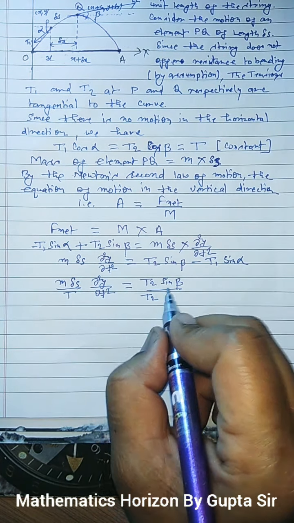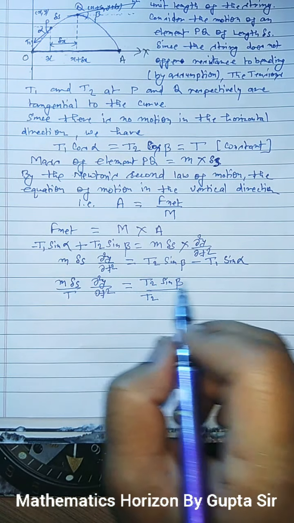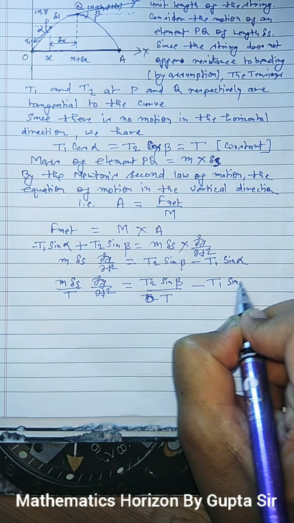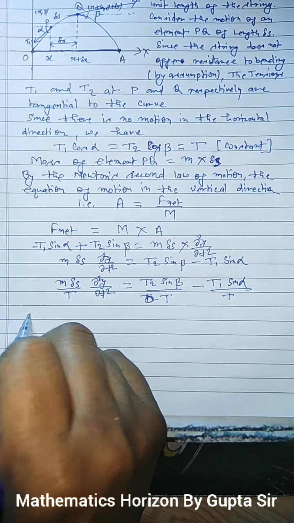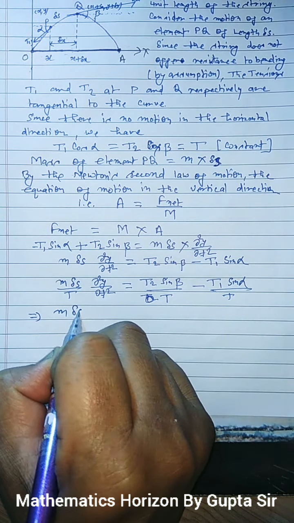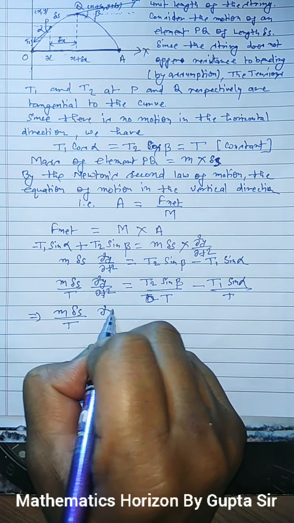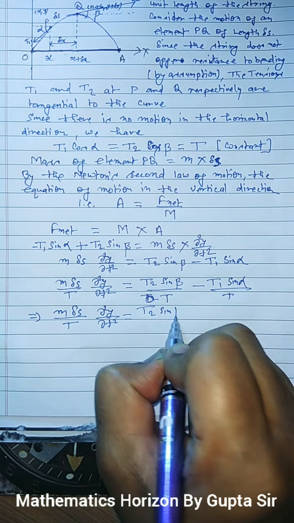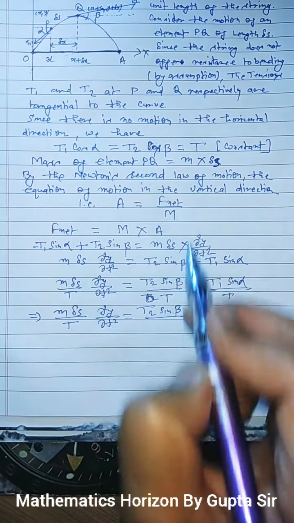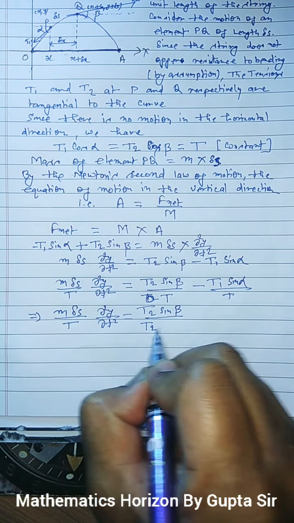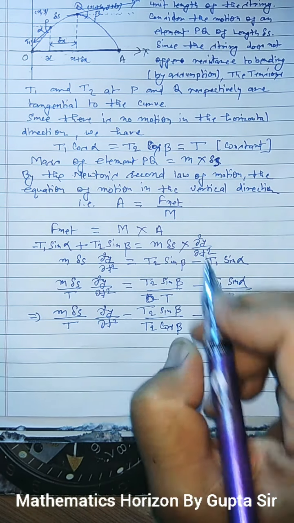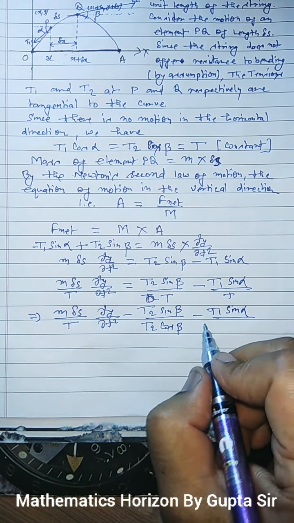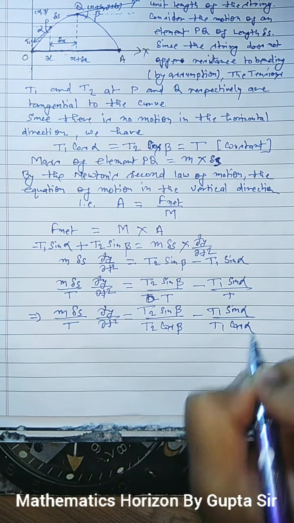So here we write the whole divided by T: T2 sin beta upon T minus T1 sin alpha upon T, that is m del S upon T d2y upon dt2 is equal to T2 sin beta upon T, meaning T2 cos beta, minus T1 sin alpha upon T, meaning T1 cos alpha.